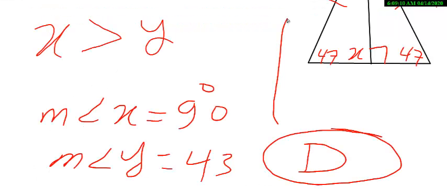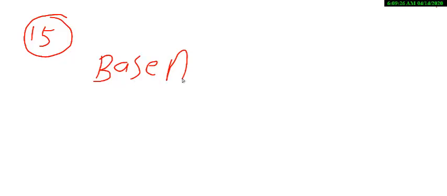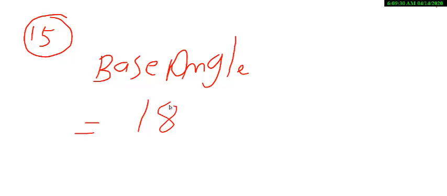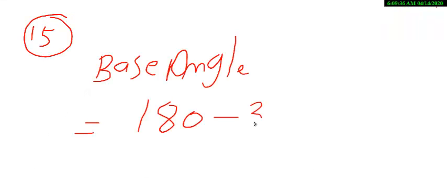So here in question number 15, base angle equals 180 minus the 38, which is the given vertex angle, all divided by 2.